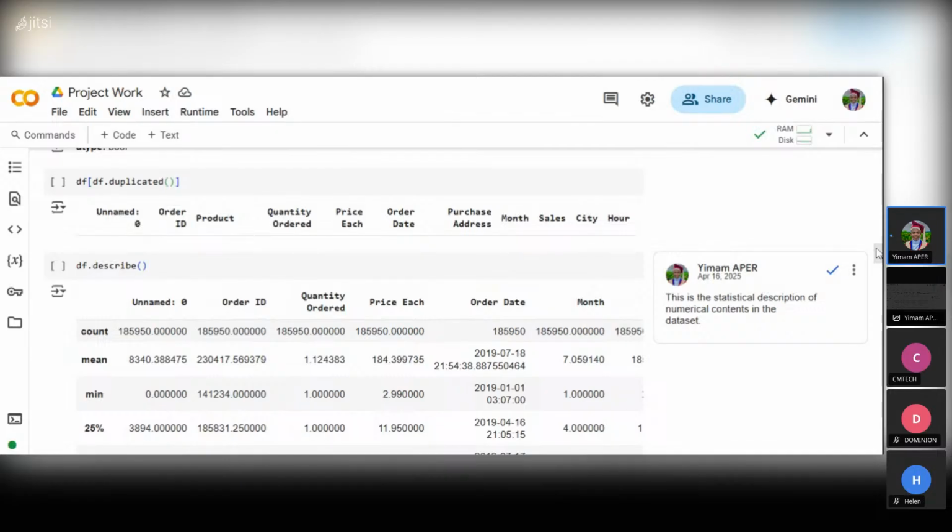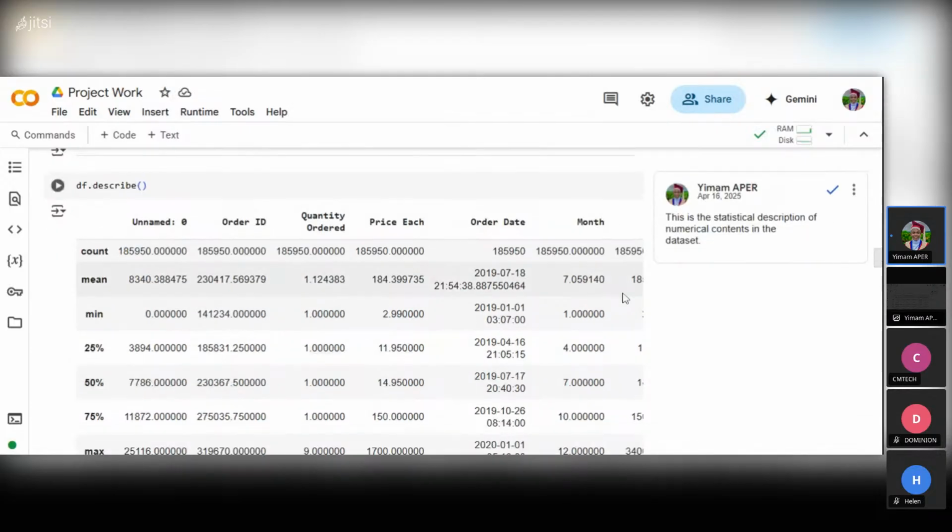The next question says we should state the statistical description of the numerical columns. This was one of the last classes we had. df.describe gave me these values. It gave us the count for the Unnamed column, the mean for the column, and the minimum value, which was zero.